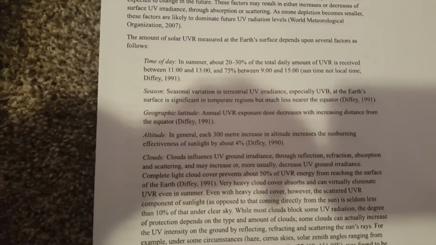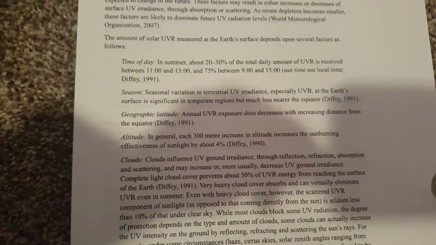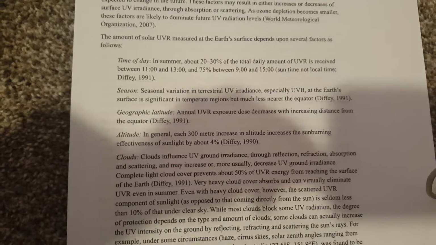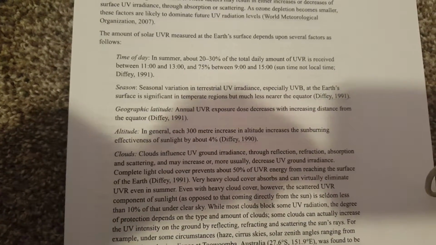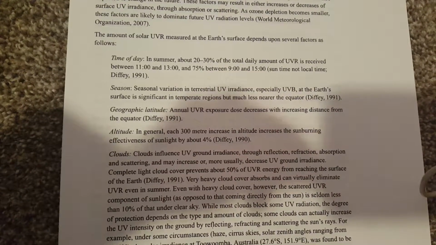I'm going to read you this part. The amount of solar UVR measured at the Earth's surface depends upon several factors as follows. Time of day: in summer, about 20 to 30% of the total daily amount of UVR is received between 11 and 13:00, and 75% between 9 and 15:00, sun time, not local time.